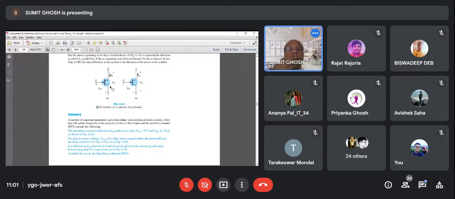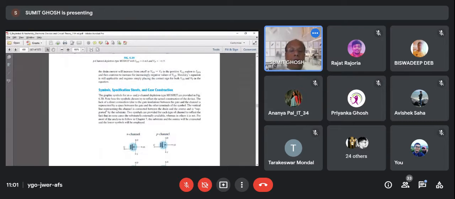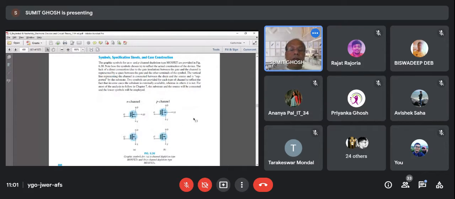Any other difference? I'll show this once again. This is JFET. Now can you spot the difference?